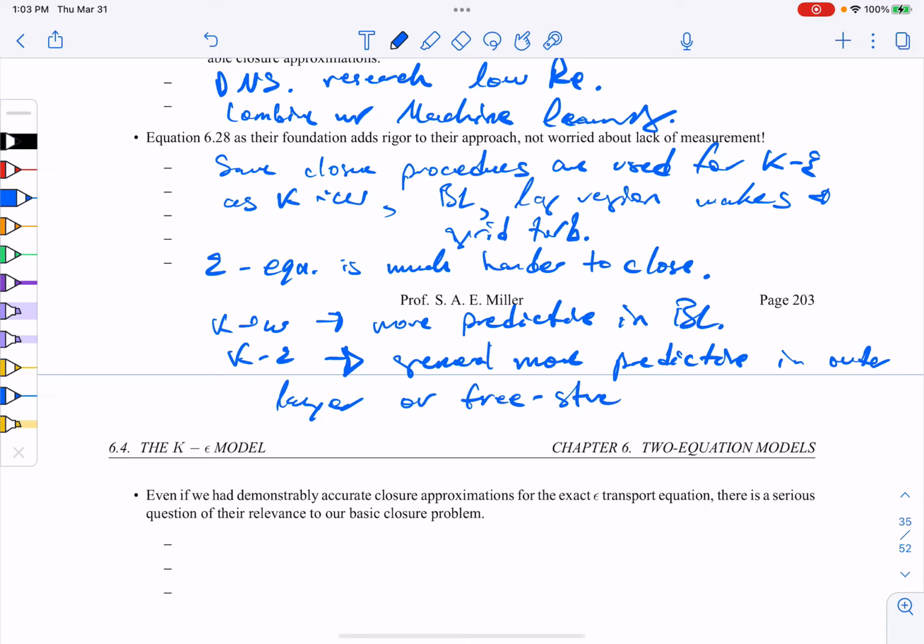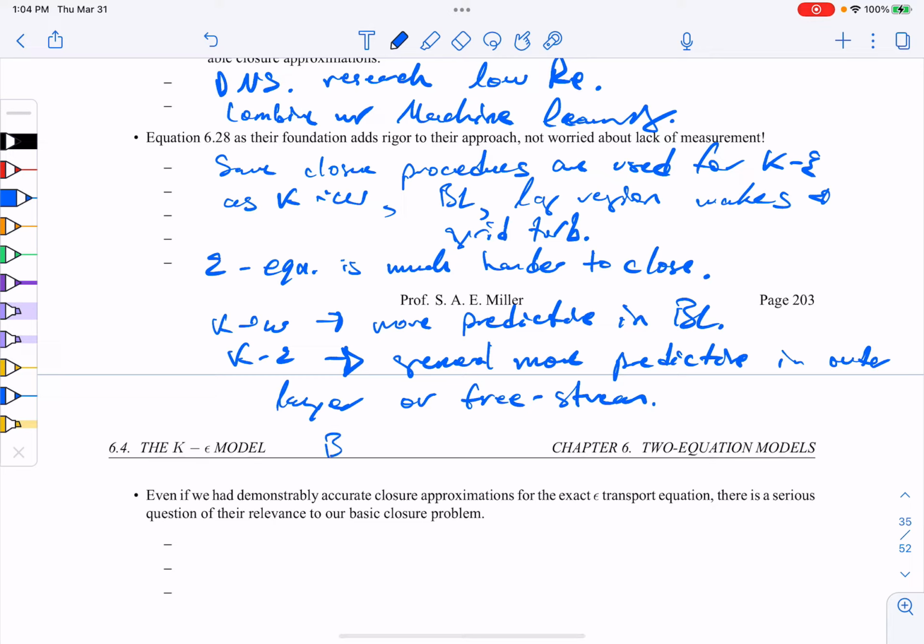In fact, the standard K-omega models have numerical problems sometimes out in the free stream. So some people immediately saw there are advantages for predictions. This just might be because of the form of the equations and numerical implementation in different regions of the flow.